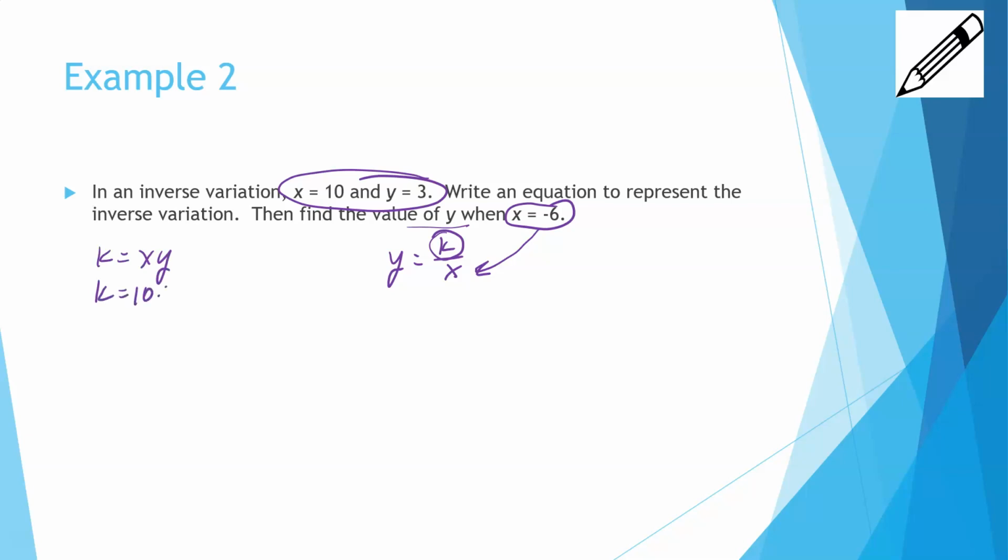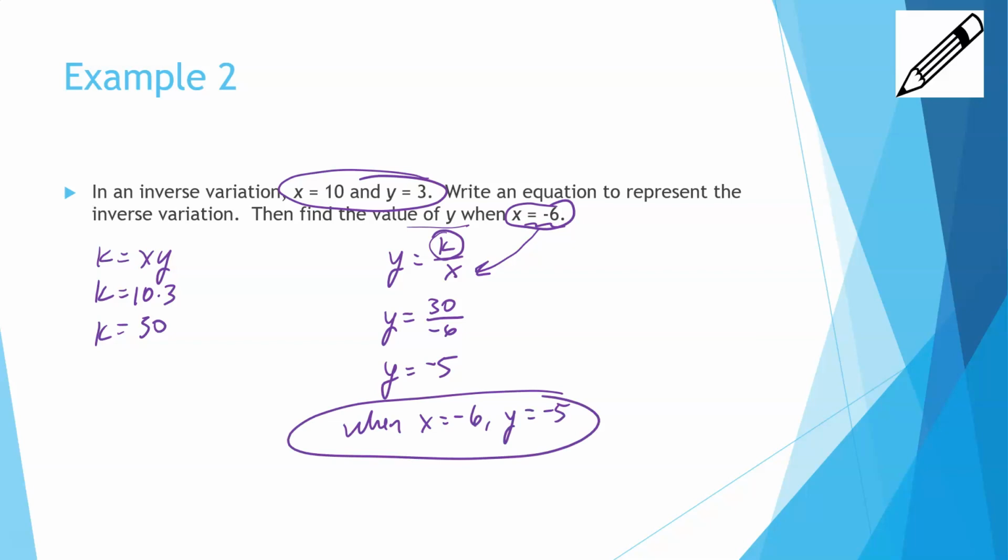So my k is going to be 10 times 3, k is 30. So now I'm going to take this equation and put 30 over my x, which is negative 6. So y is negative 5. Okay, so when x equals negative 6, y equals negative 5 is my answer.